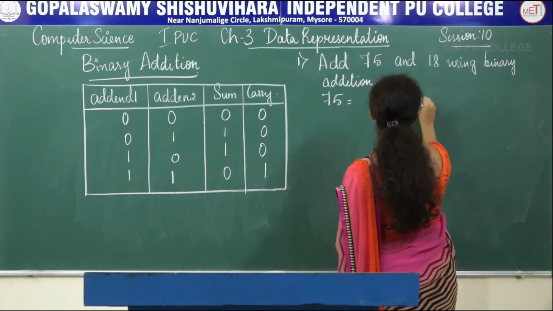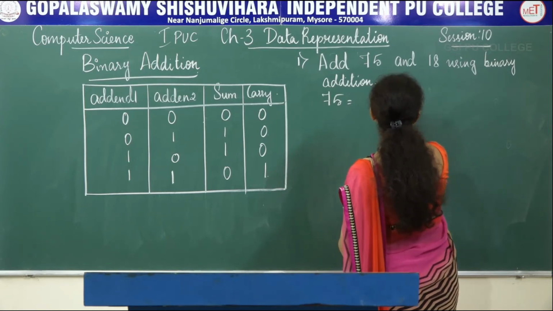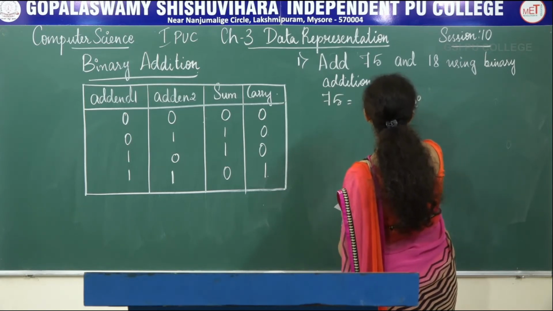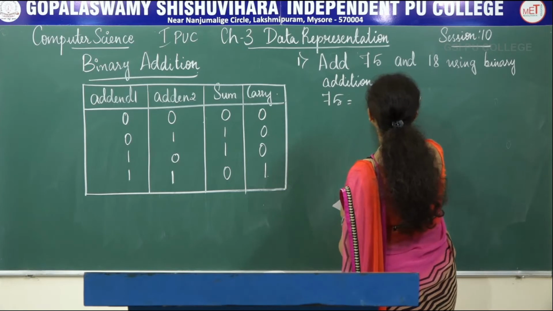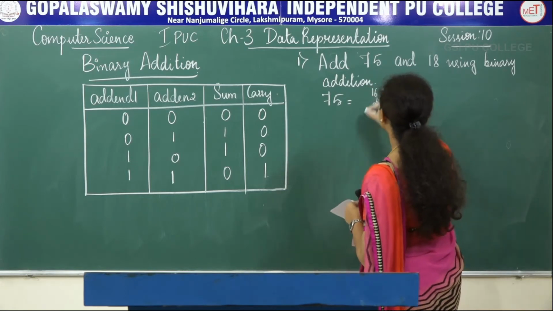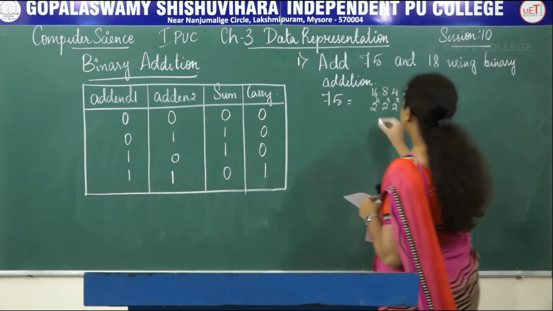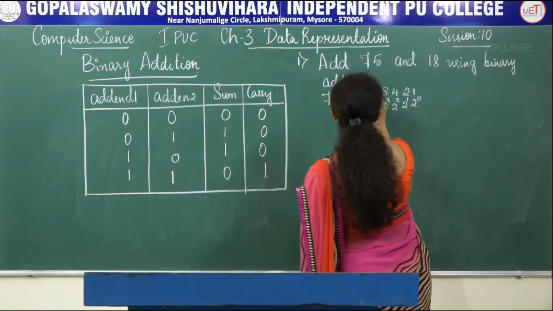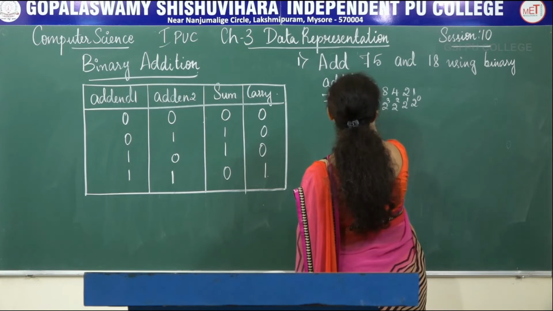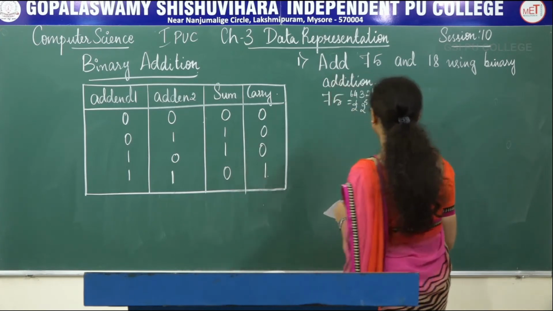This is 2 power 0, this is 2 power 1, 2 power 2, 2 power 3. If I take 2 power 4, then it is 16. 2 power 5 is 32 and 2 power 6 is 64.